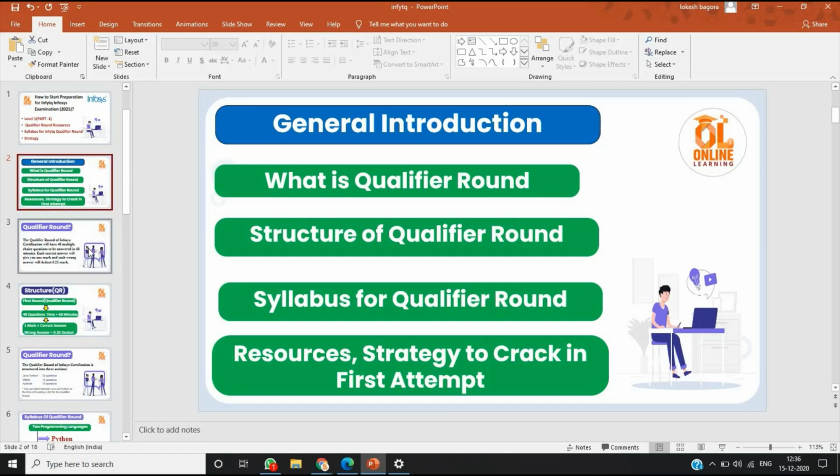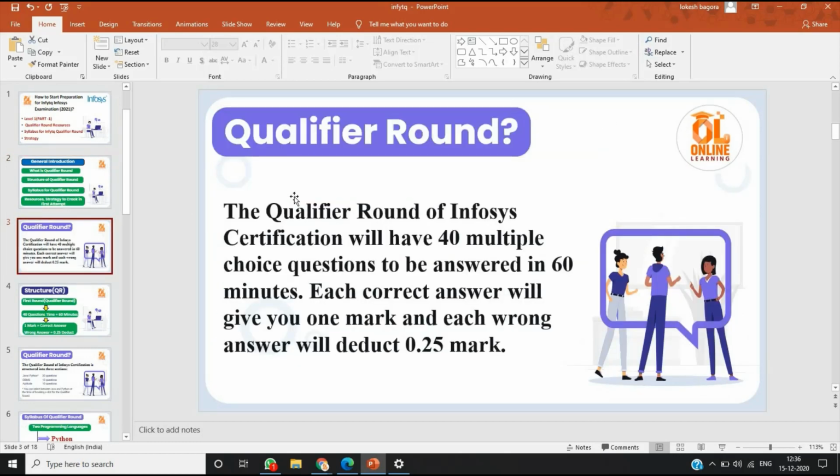What is the qualifier round? Friends, the qualifier round is basically the first round and first part of the Infosys certification exam. After that, the final round and interview are held. But you need to first clear the qualifier round before participating in the next round. According to the previous year's pattern, the qualifier round of the Infosys certification will have 40 multiple choice questions to be answered in 60 minutes.